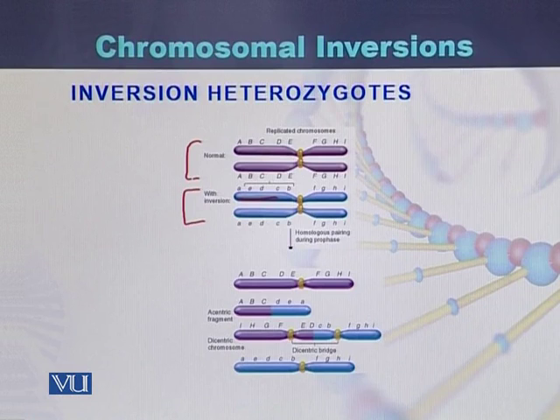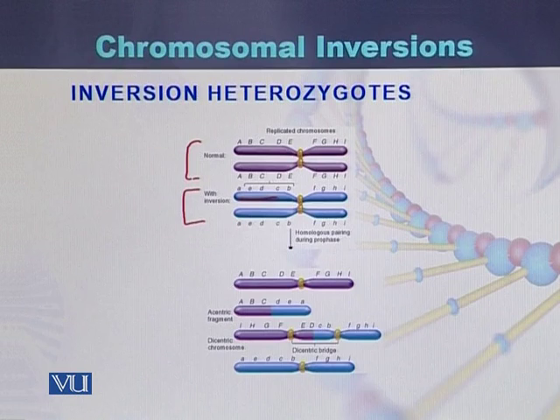If one of the strands has inversion and the second strand does not have inversion, such inversion is called heterozygote, and the individuals are called inversion heterozygotes.